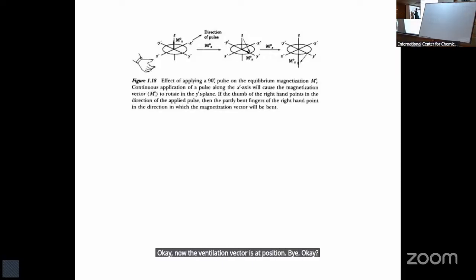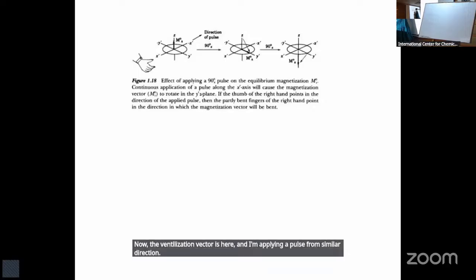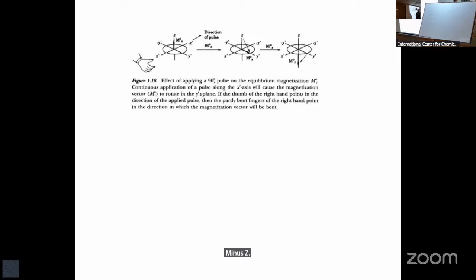What will happen if I apply another 90x pulse? Now the magnetization vector is here and I am applying a pulse from a similar direction. Where will it go? Minus z. Are you able to rotate your hand? No one is rotating their hand. This is the right hand thumb rule.